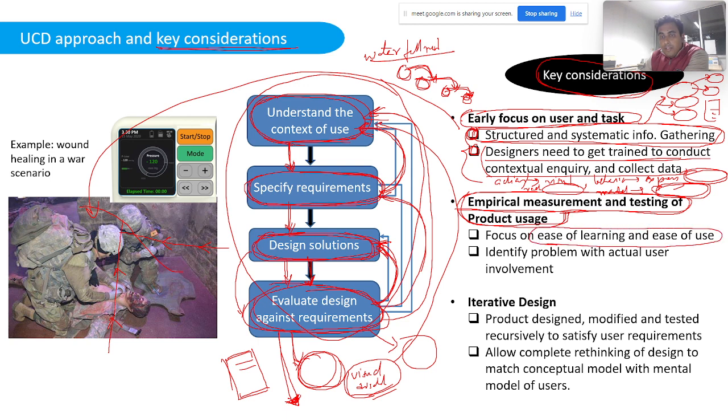If you observe a person operating a particular device, you need to consider that the device needs to be easy to use and easy to learn. And if it is not, then you will collect the usability issues.